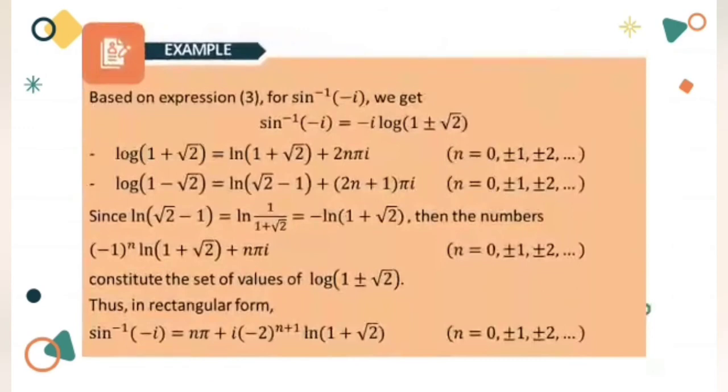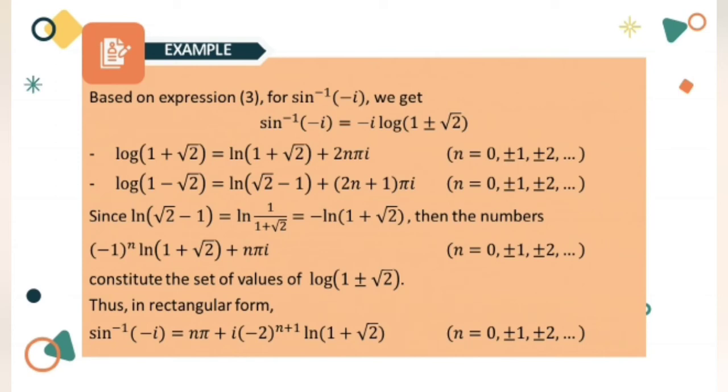Next, we will show that it is a multiple valued function. In an example, based on expression 3, for inverse sine of negative i, we will get that inverse sine of negative i equals negative i log of 1 plus minus square root of 2. For the first, we will have log of 1 plus square root 2 equal to ln of 1 plus square root 2 plus 2n pi i, where n equals 0, plus minus 1, plus minus 2, and so on.